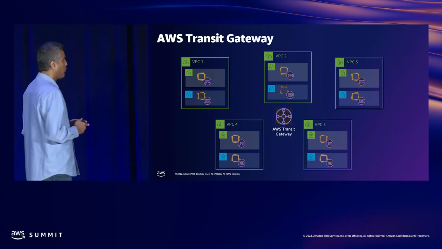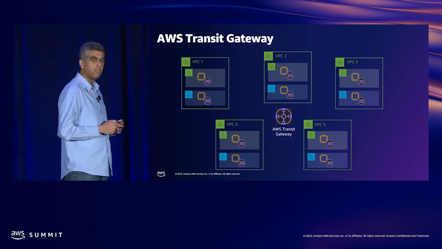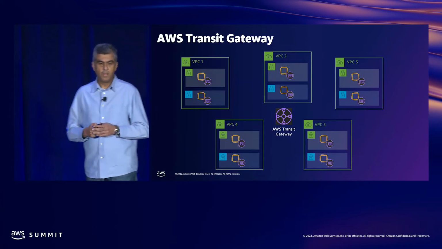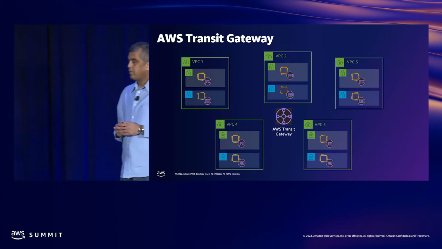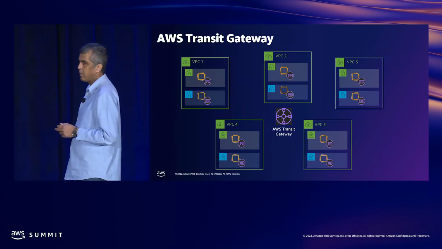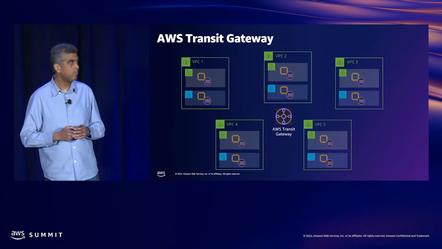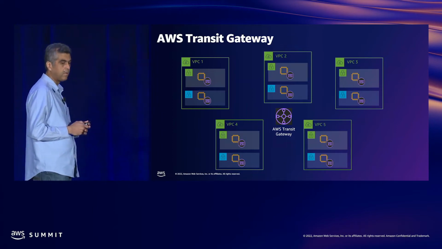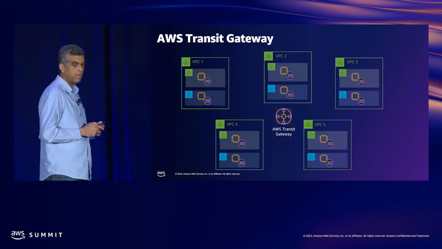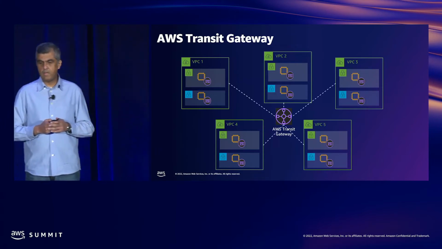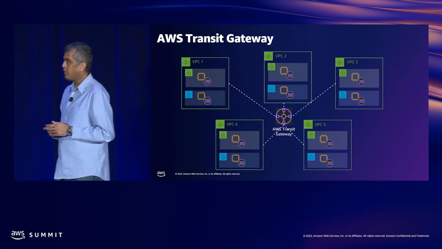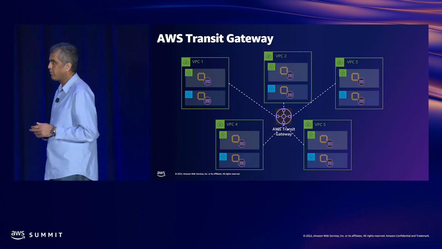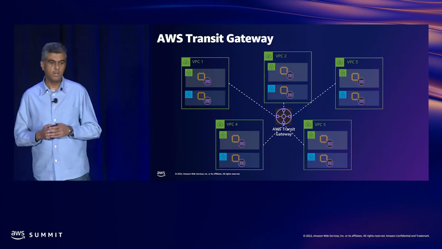A couple of years ago, we released a new service called AWS Transit Gateway. AWS Transit Gateway is a virtual distributed layer 3 cloud router that scales to thousands of VPCs within a region. You create an AWS Transit Gateway, and then you attach the VPCs you want to communicate to the transit gateway using a construct called attachments.